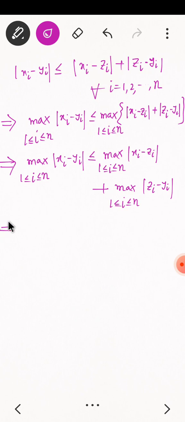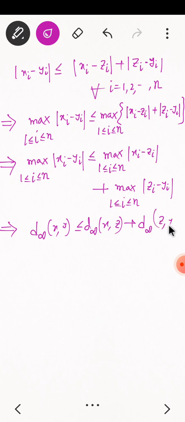So this implies that d infinity of xy is less equal to d infinity of xz plus d infinity of zy. So d infinity satisfies the triangle inequality. Hence we say d infinity is a metric on R to the power n.